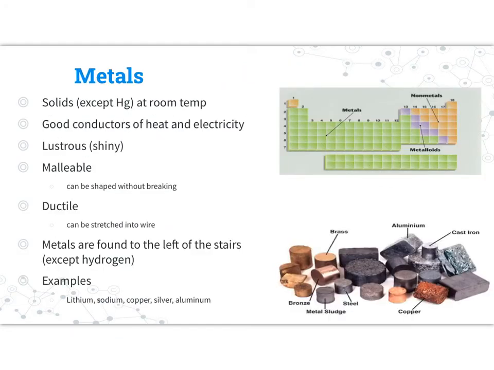So, some properties of metals. Metals, except for mercury, at room temperature are solids. All right, all of our metals are solid except for mercury. Now you might see that some of them are hollow on our periodic table. It just means that their state at room temperature is unknown because they don't exist at room temperature.